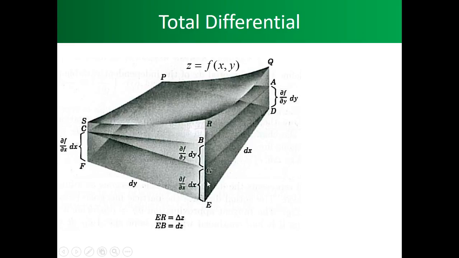As Z gets smaller, the approximation gets better. And they said that if we added these two together, our GE and our BG, which is the partial of F in respect to Y multiplied times dy, and we add it together with the partial of our function with respect to X times dx, we will get a close approximation to our true change in Z. We said over here, dz is equal to the partial of Z, same as F we said before, with respect to X times dx plus the partial of Z in respect to Y times dy.